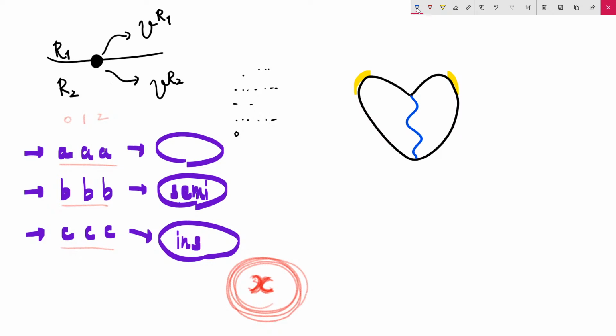Let's say that this is a semiconductor and this one is oxide. Now your A variable is defined all over this shape, and your B variable is defined only for this one, and your C is defined only for this one.